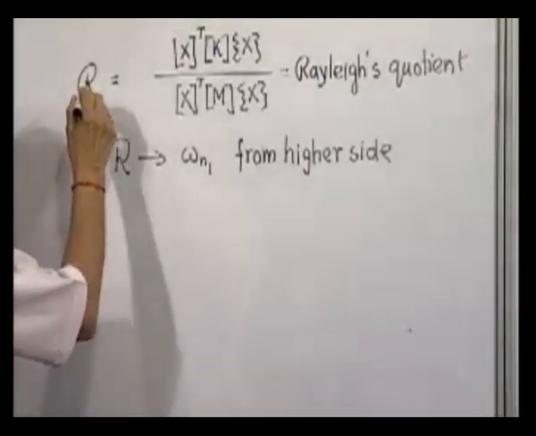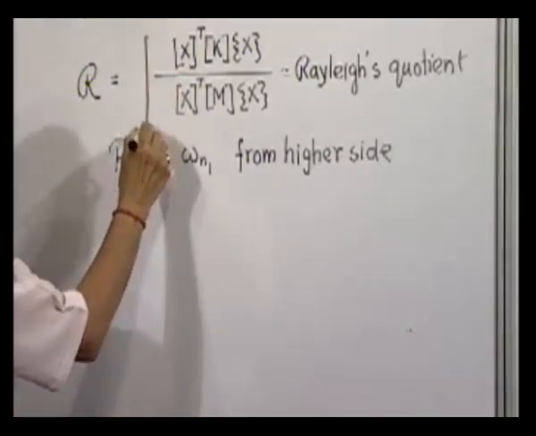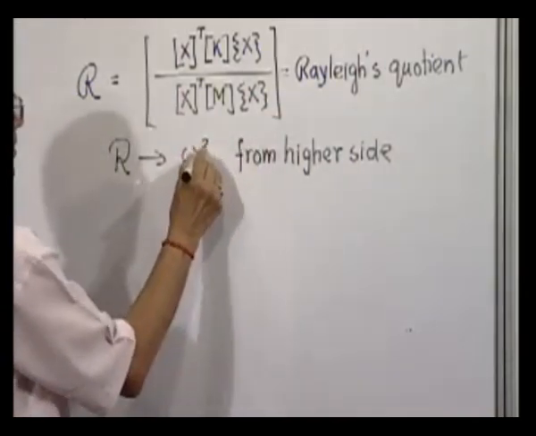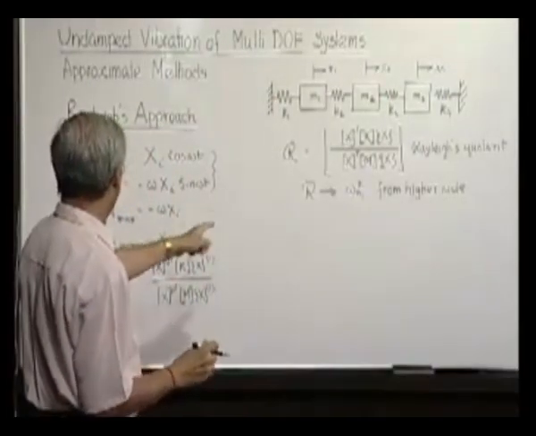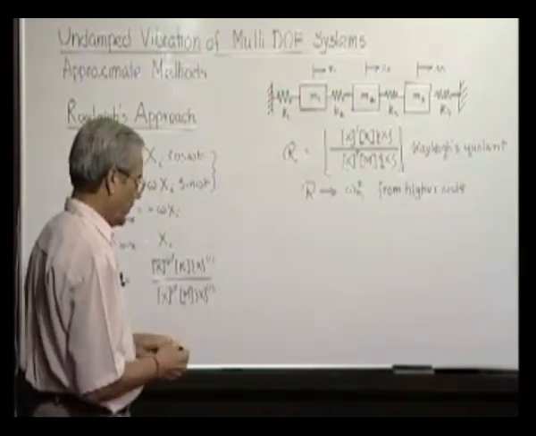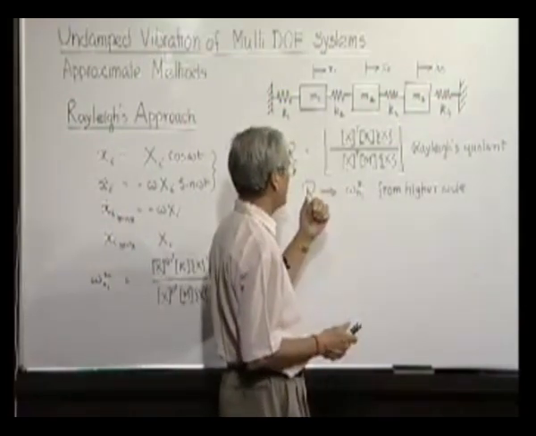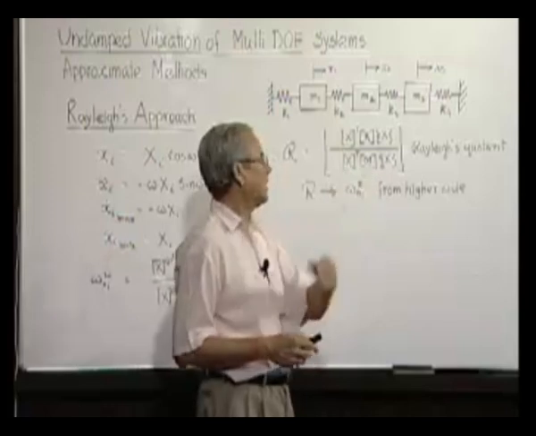Of course, R is omega square. So, determination of the fundamental frequency using Rayleigh's principle will always give us an upper bound.